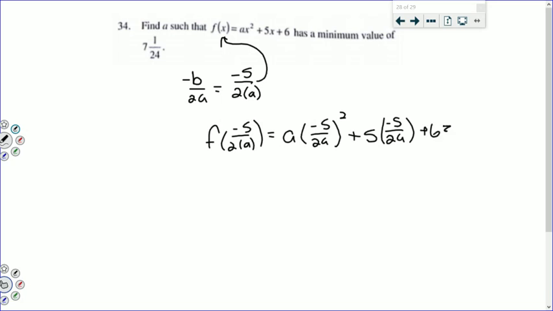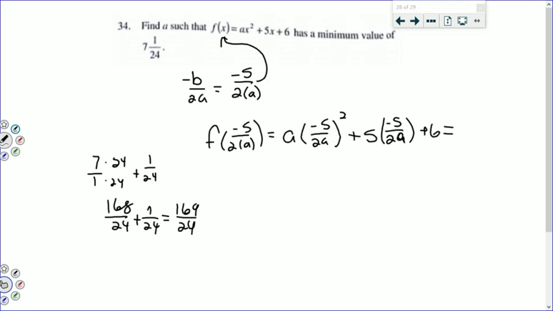And then we want this value to be 7 and 1/24. Or if we do 7 over 1, so we multiply 7 over 1 times 24 over 24 plus 1 over 24. 7 times 24 is 140 plus 28, so it's 168 over 24 plus 1 over 24, which is 169 over 24. Okay. All right.